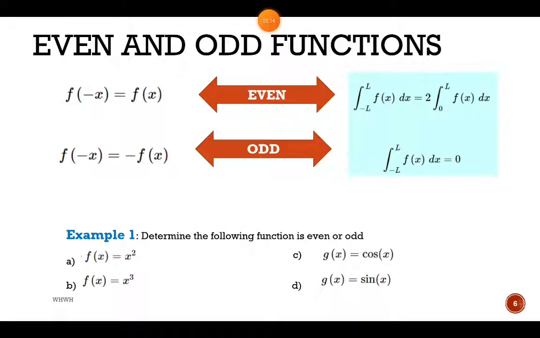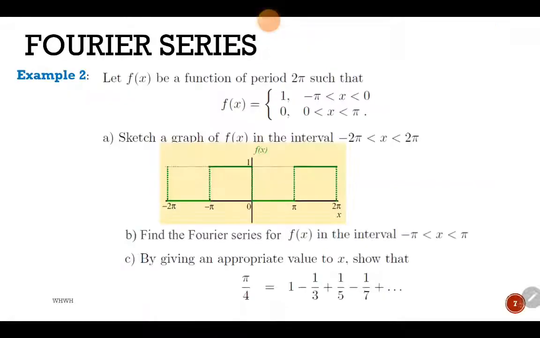Kalau even function, its default formula is ada 2 kat depan ni. Tadi kan 2 over 2L, x kuasa 2 dx. That is why dia bukan 1 over 2L, instead it is 1 over L.